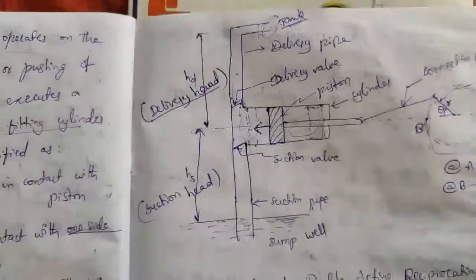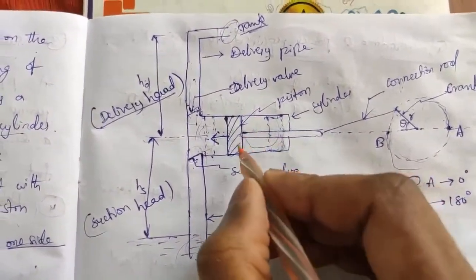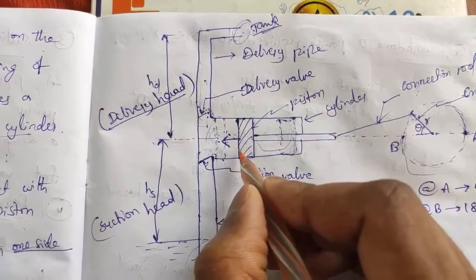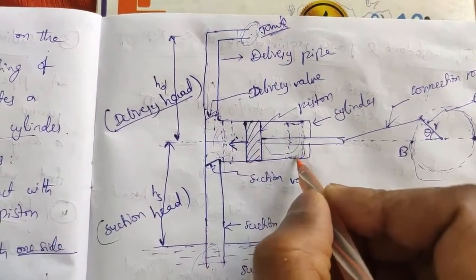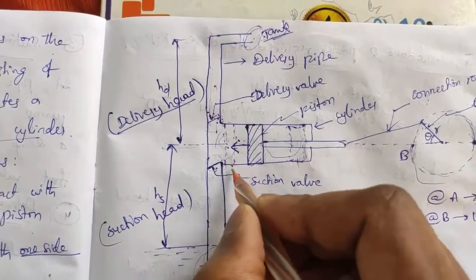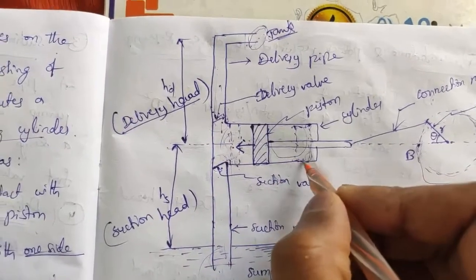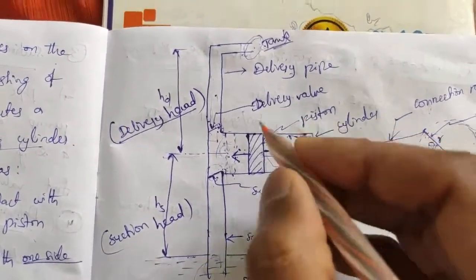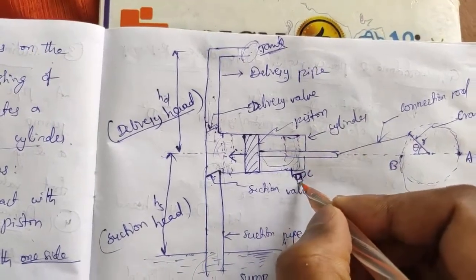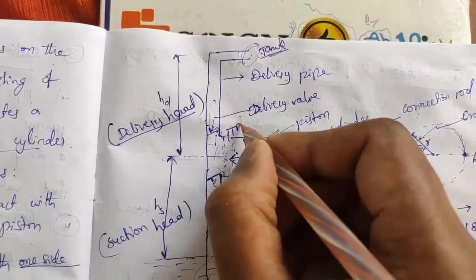How we will see. Length of stroke means the distance the piston moves from the lowest end to the highest end, or top dead center to bottom dead center. This is the bottom dead center, and this is the top dead center.